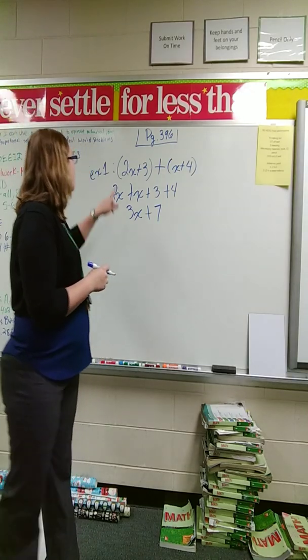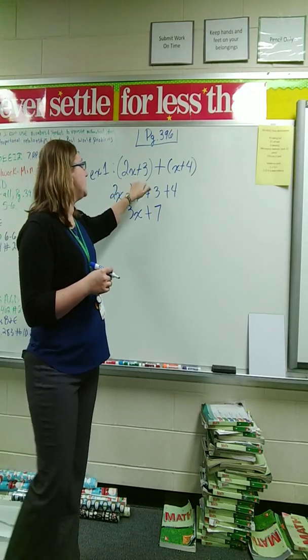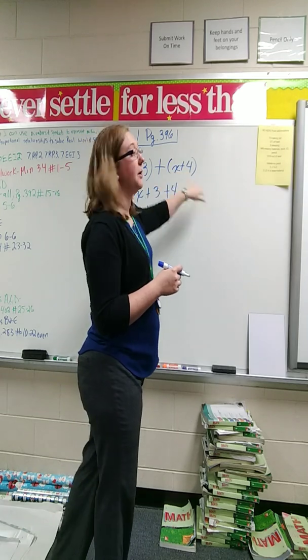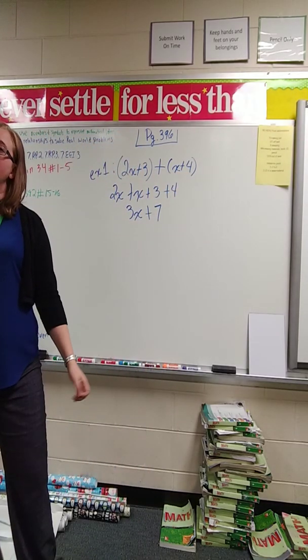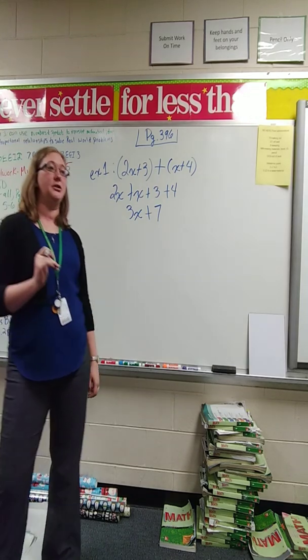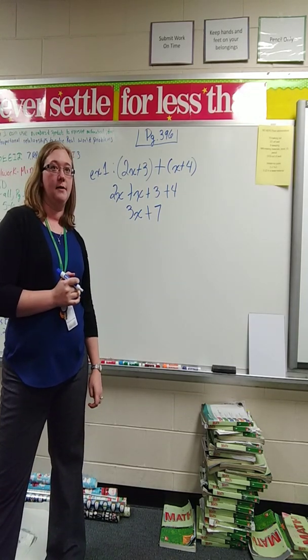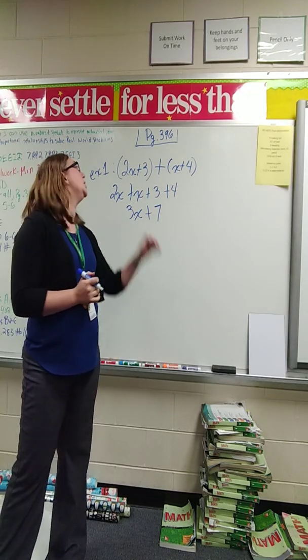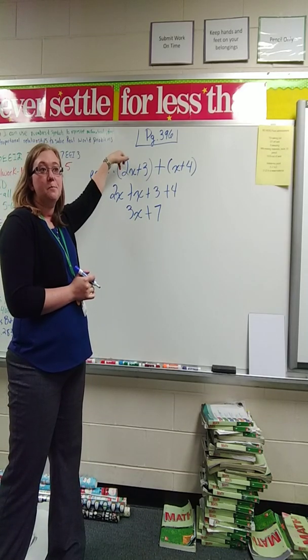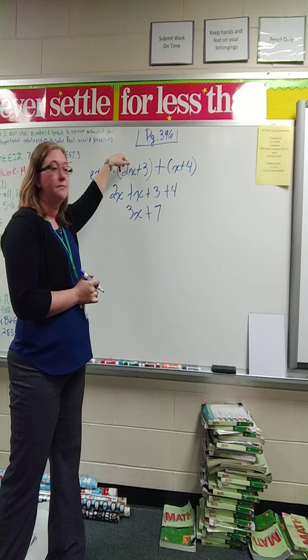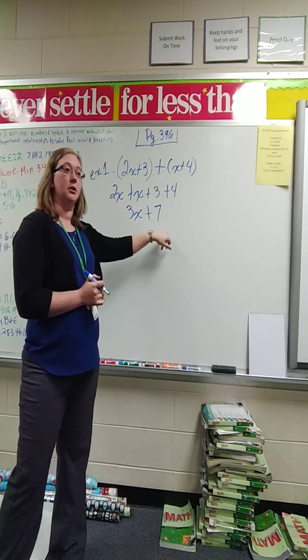But what we started with was 1, 2, 3, 4, 5, 6, 7, 8, 9, 10, 11, 12 characters. I know a lot of us don't like math. If you're going to rant and rave about how much you don't like math, you don't want to be using 12 characters to be able to do that. 1, 2, 3, 4.